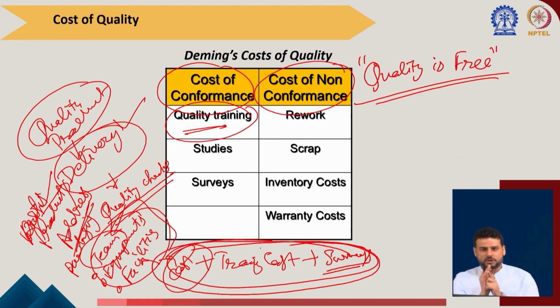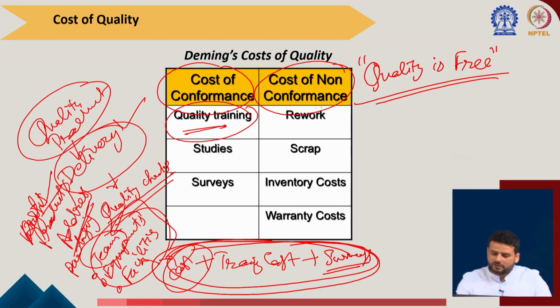There is a cost of ensuring the quality: you are doing regular checkups, your team is working on that, equipment is working on that, and then you are ensuring the quality. You are doing surveys and studies to find out if there is any problem, picking products by sampling and finding out whether the package was delivered on time, in the right condition, to the right customer, and the address was right. All those things carry a certain cost. So, this is the cost of quality.